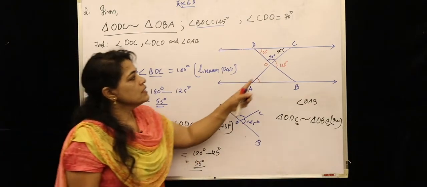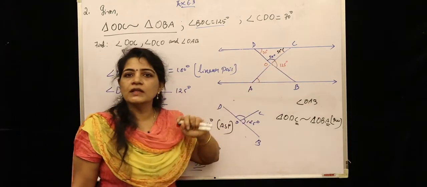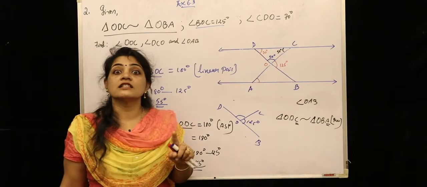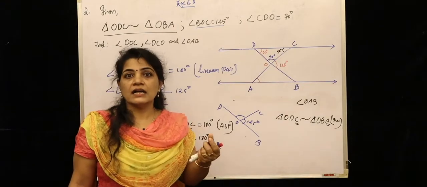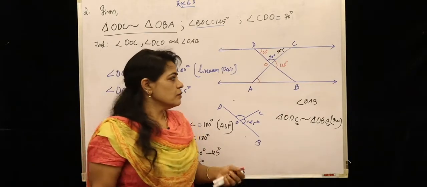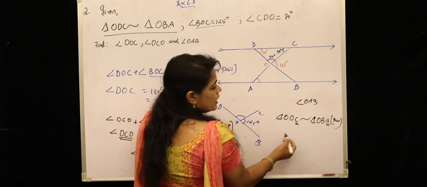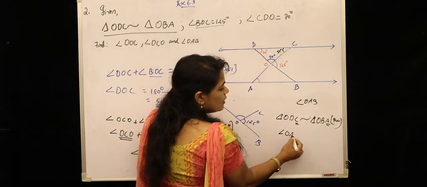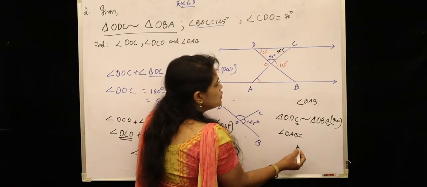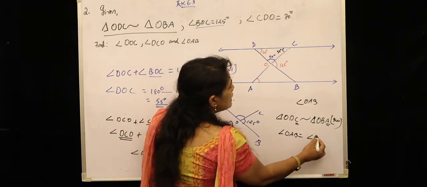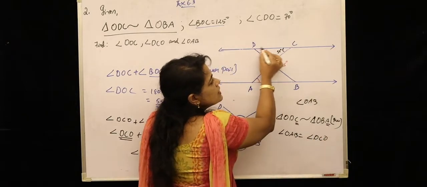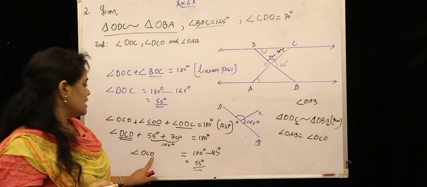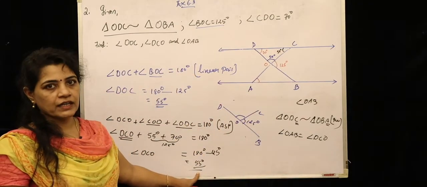Okay, that means this angle and this angle will be the same because they are the corresponding angles in the same position. That means here angle OAB is also equal to angle DCO, we got it as 55 degree.